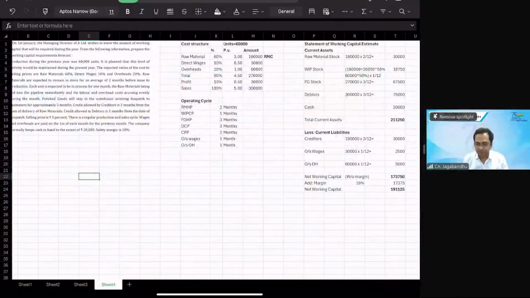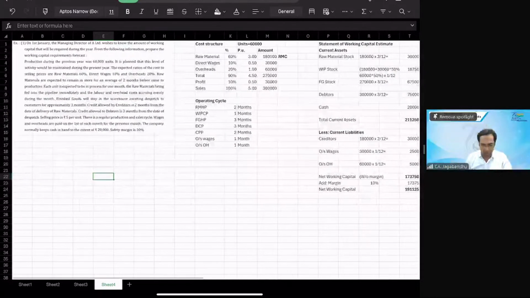We're back, guys. So we continued with the working capital chapter with one of the questions where we computed the net working capital requirement. Now, let me just do one thing. Let's take few questions for practice, for revising these aspects.